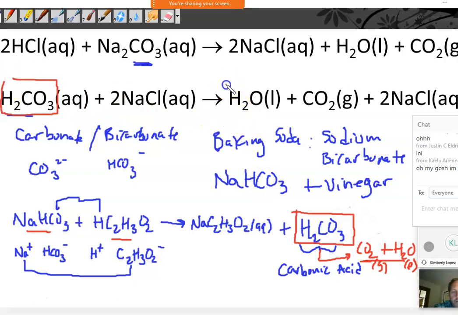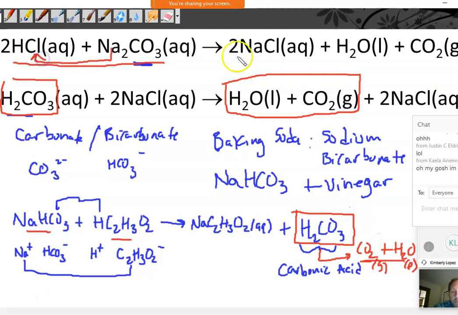That breaks down very easily into water and CO2. Also, if you look at this reaction up here, if you take sodium carbonate and hydrochloric acid, it does the same thing. Your sodium pairs up with the chlorine to form sodium chloride, and then your hydrogen pairs up with the carbonate to form carbonic acid, which again breaks down into H2O and CO2.